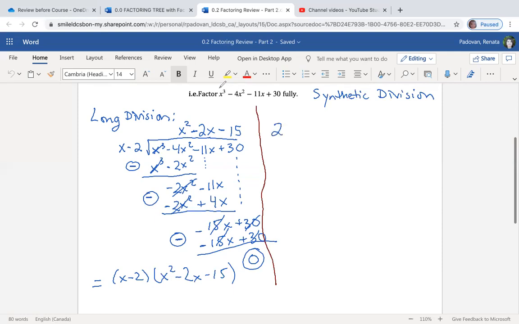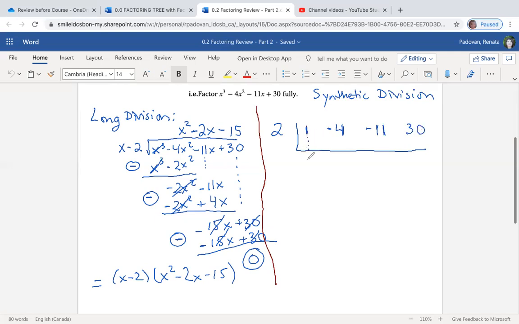And I take just the numbers as part of this expression. Kind of an upside down dividing line. So the 1 in front here, put spaces beside it, then negative 4, have a space, then negative 11, and then have a space for 30.